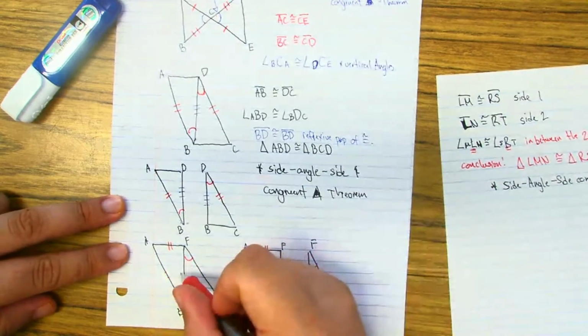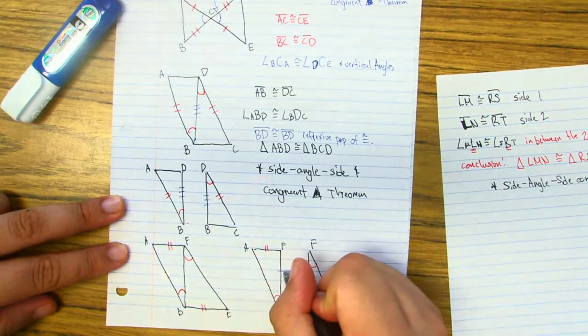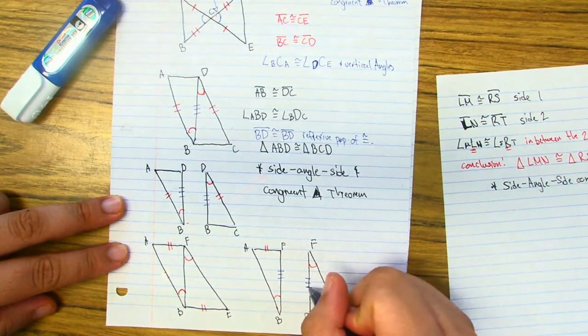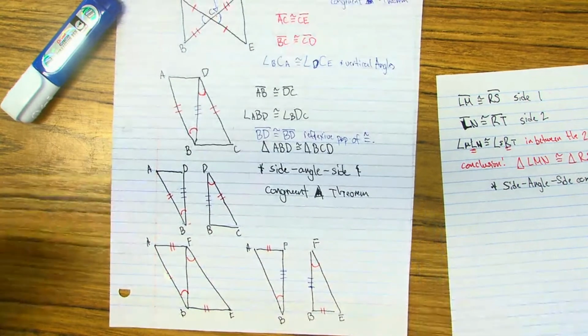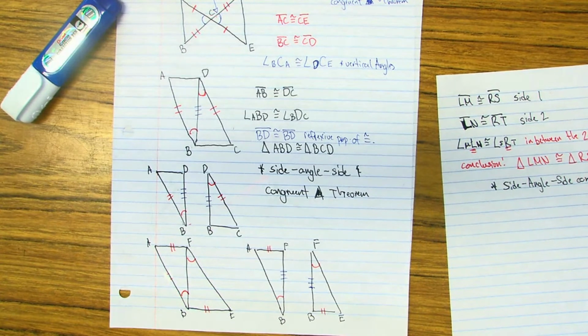Why are they not congruent? We can prove that these two sides are congruent. You have to see a visual example. You don't have to write it down this time. So why are they not congruent is the question. We have two sides that are congruent and we have angles that are congruent as well.